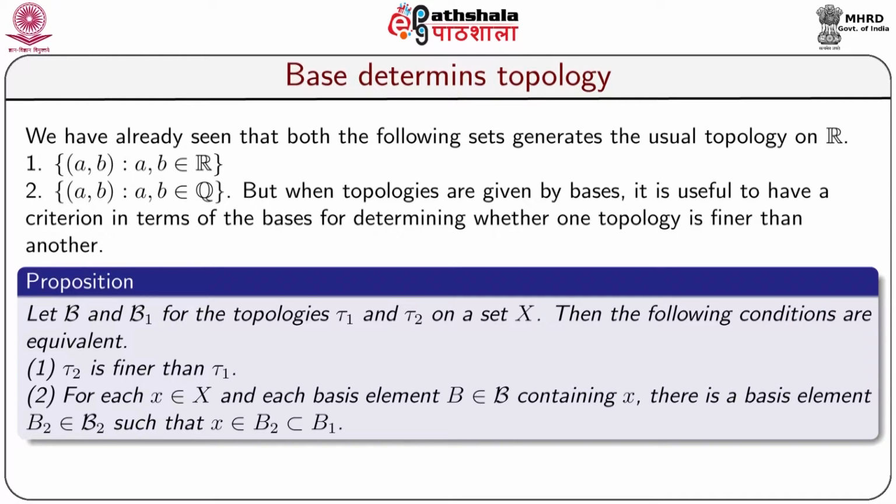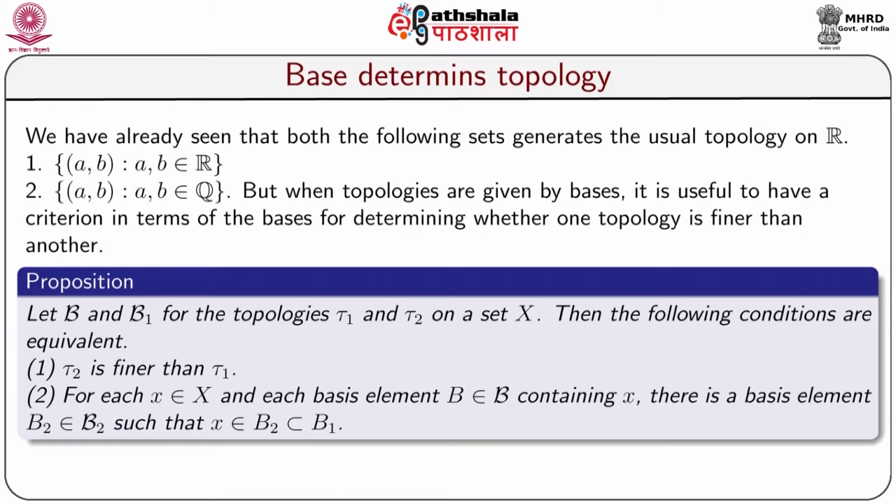We have already observed that these two are bases of the usual topology of R. But when topologies are given by bases, it is useful to have a criterion in terms of the basis for determining whether one topology is finer than another.